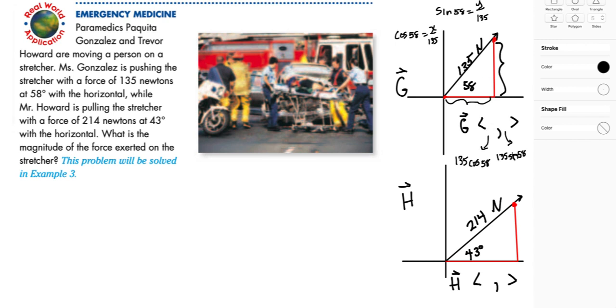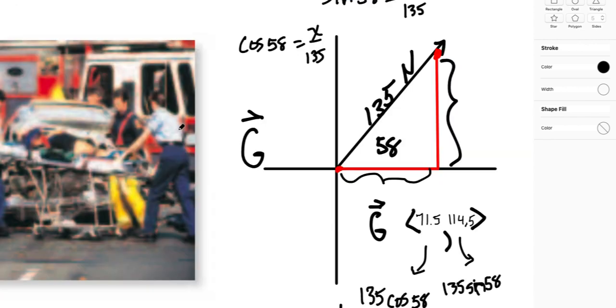So I'm going to do that now, and then I'm going to plot the answers down, and we'll do the same thing for Howard's vector as well. With the calculator's help, we see that we get approximately, for the horizontal component, 71.5, and the vertical component 114.5.